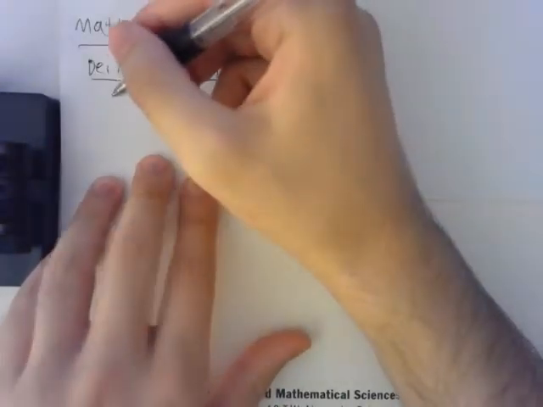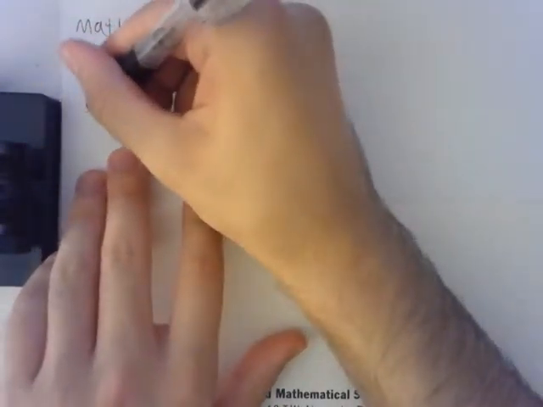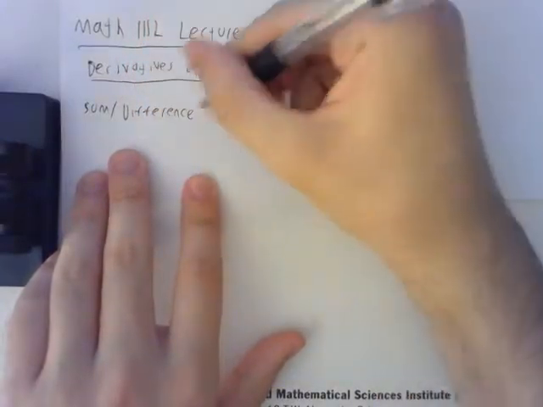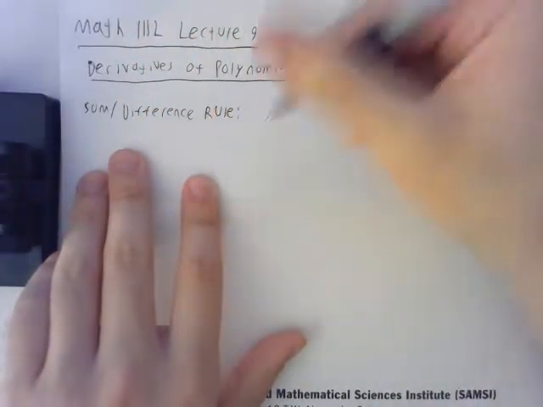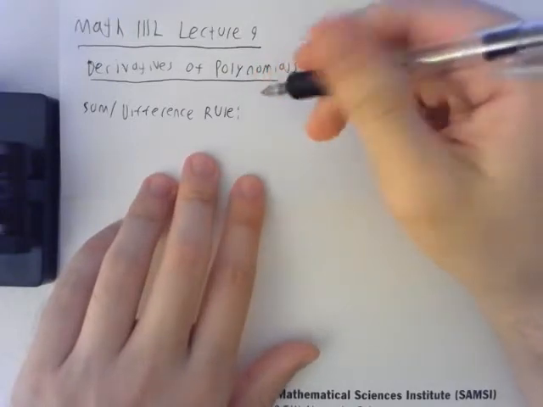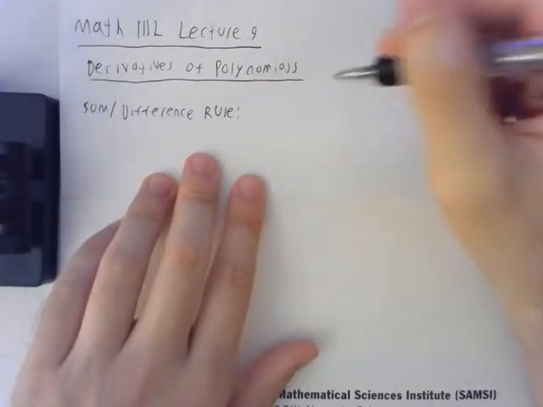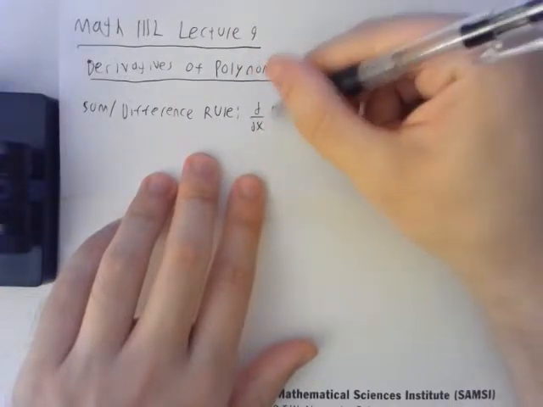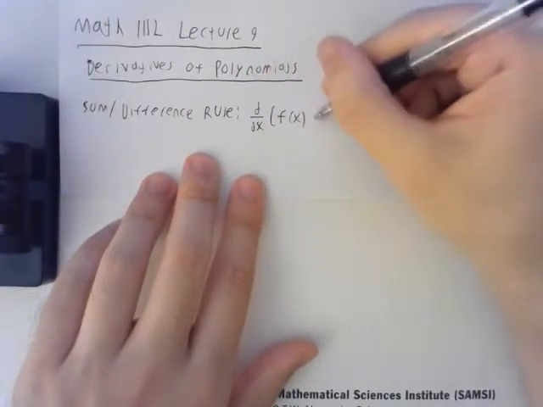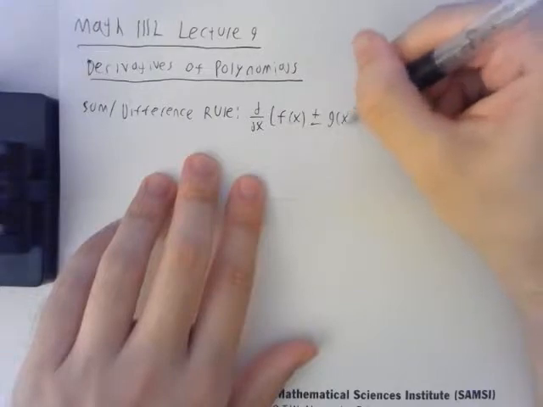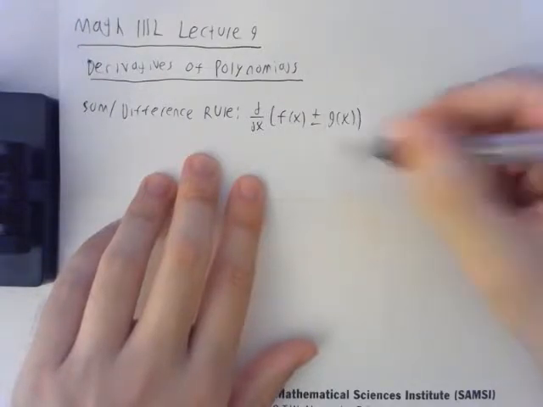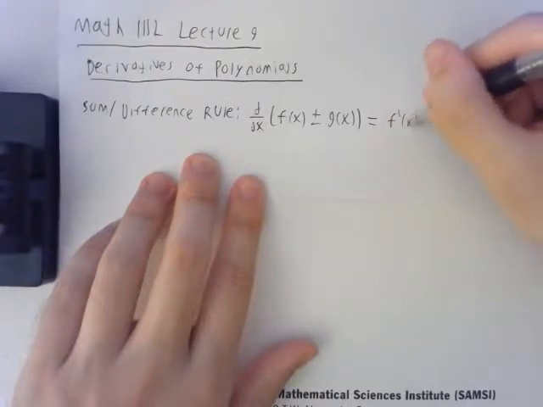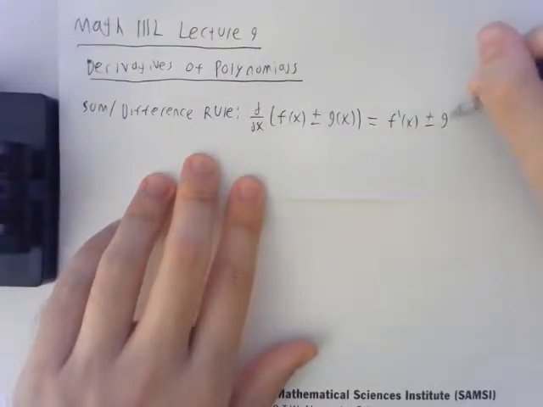So the first thing that I'd like to introduce is the sum/difference rule for derivatives. This says that if f of x and g of x are differentiable functions, then the derivative of f of x plus or minus g of x, you can pick either sign you want, is equal to f prime of x plus or minus g prime of x.